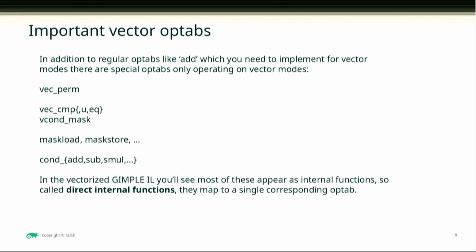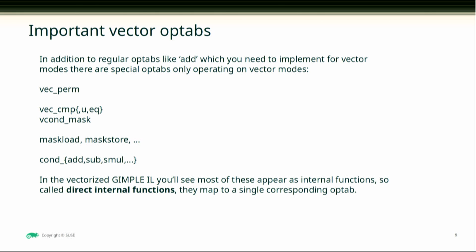So every compare of two objects will produce the corresponding mask output. And there's the vcond_mask optab, which basically is a C conditional operation, and the first operand is this kind of mask. So it's basically a blend, right? So you can see it as a vector blend with a mask produced by, for example, a comparison.